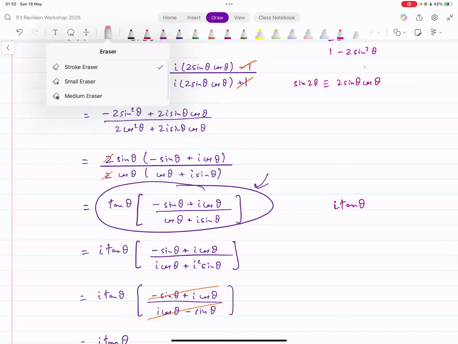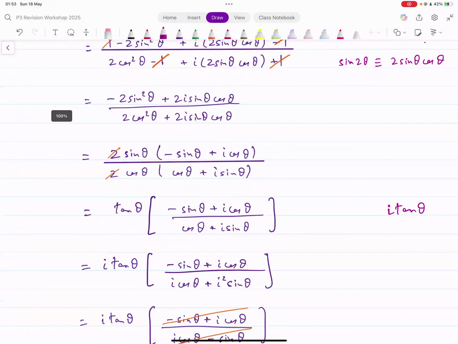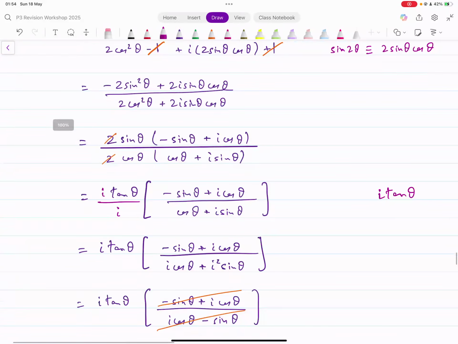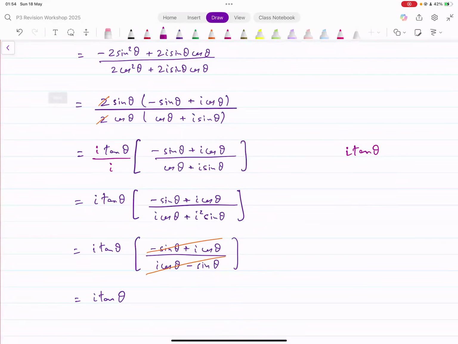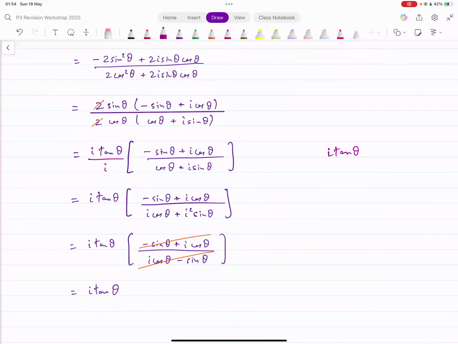To make that process quicker, what I did here was I said, okay, I want iota tan theta in the numerator. So let's multiply and divide by iota. Iota is just a number, right? So we can multiply and divide by iota at this step. This is what we want, and everything else we want to just cancel out somehow, right? So you simplify the denominator, and that gives you this, and then you get some cancellation that happens there.